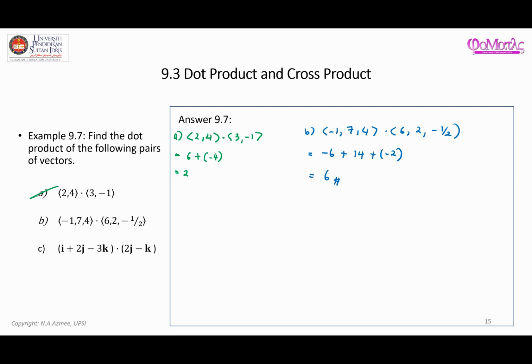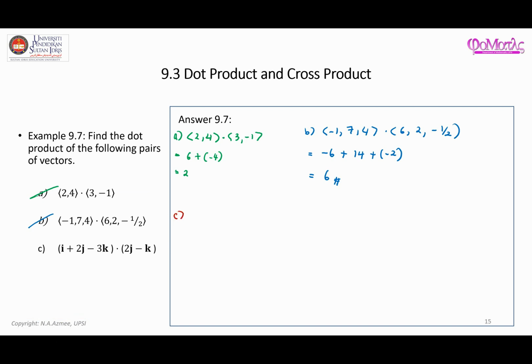Next, this is another pair of three-dimensional vectors represented using the standard basis vectors i, j and k. If you want, you can change the representation. If you are more comfortable working with a different representation, just go ahead.